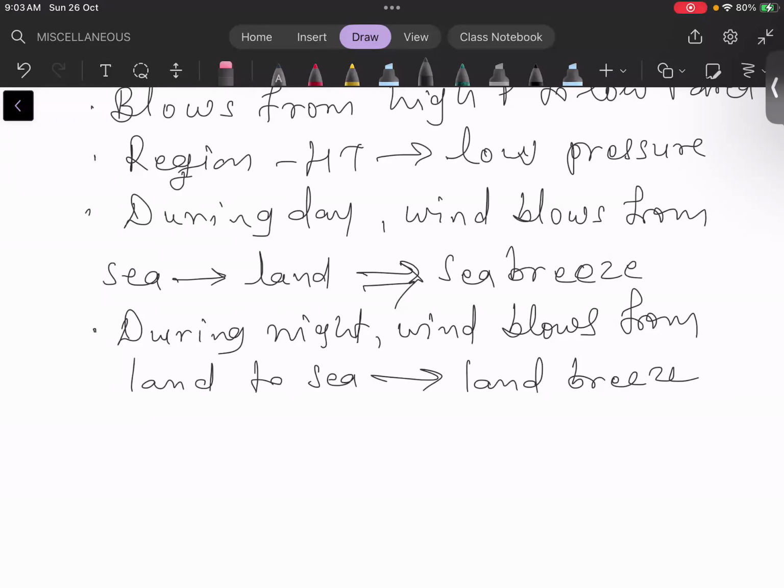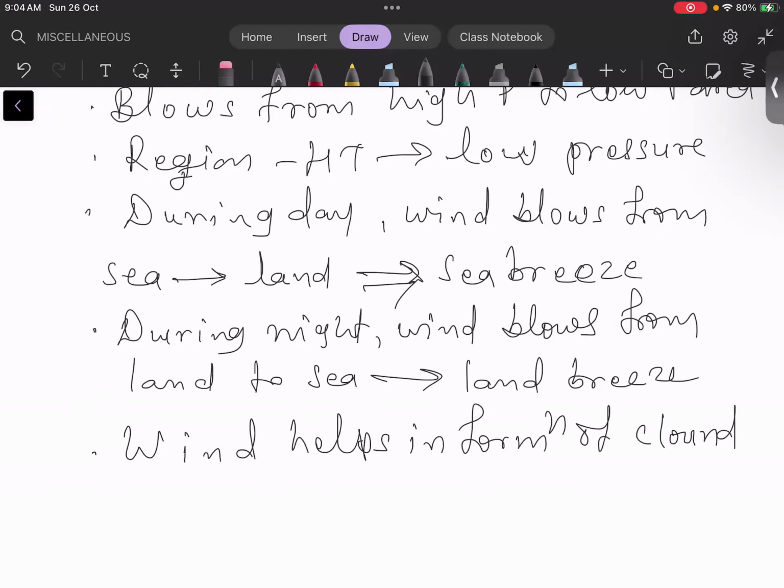students? No, sir. Okay. Now, wind helps in formation of cloud and brings rain.